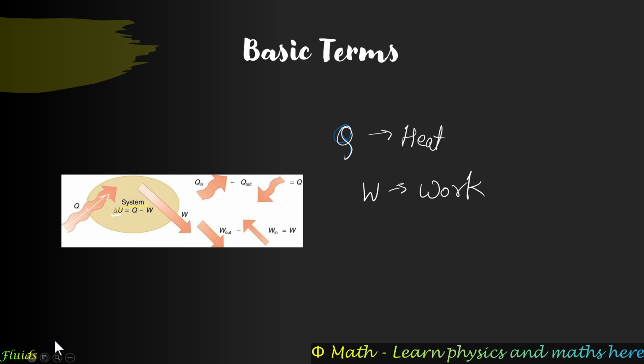Okay, so now we can see that Q in minus Q out is Q, or it is also written as delta Q. Q and delta Q are simply the same thing, and the work output minus the work input is equal to the delta work or change in work, as you can see here.